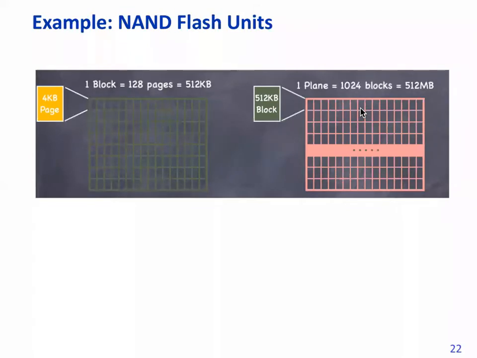Okay, so we have a block, and within the block there is a page which is projected as this one. Each plane contains so many blocks, and each of these units will be something shown here.